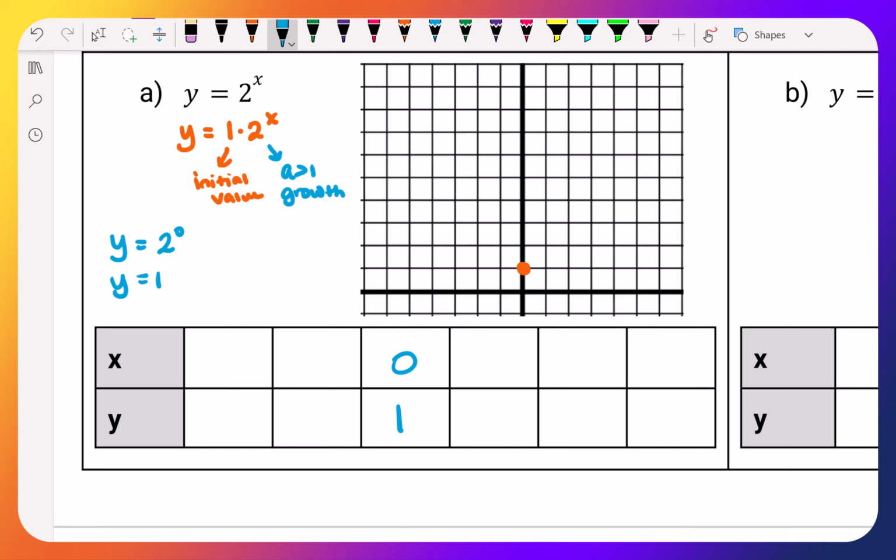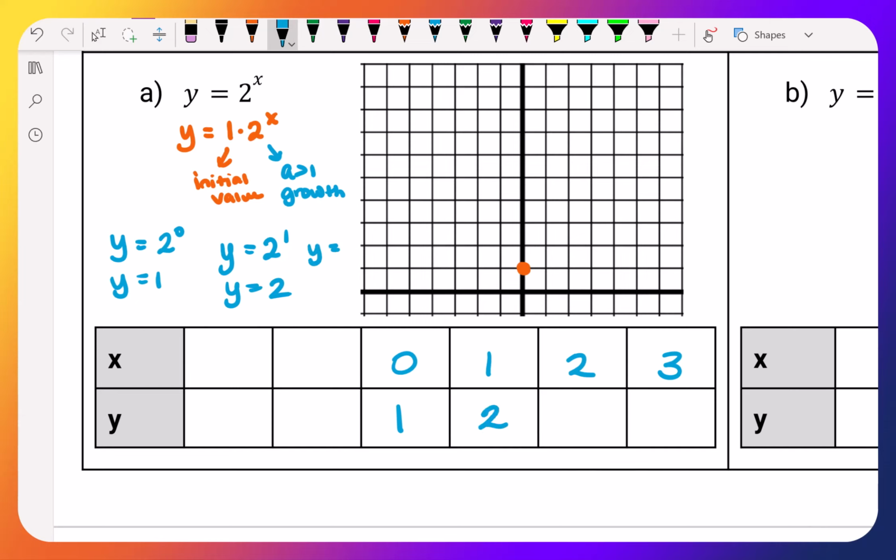Now listen, if you use big numbers like 8, 9, 10, 2 to the power 10 is much bigger than you think it is. So use smaller numbers. I'm just going to do 1, 2, and 3. That's enough for me to find the curve. I'm not going to work all of these out for you because you can just do this on your calculator or in your head. So 1 would be 2 to the power 1, so y is equal to 2.